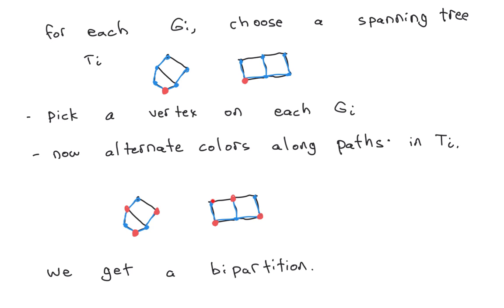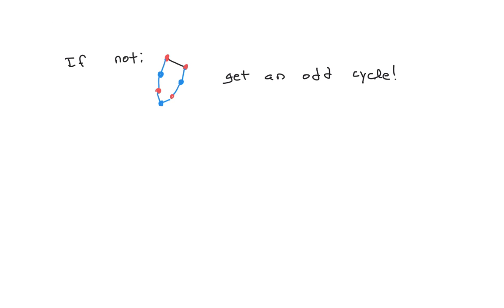So the question is, what about the black edges that aren't in the spanning tree? Why do we know for sure that they always end up between vertices of opposite colors? Well, the idea is that if that didn't happen, if you end up with two vertices of the same color connected by an edge, then you could trace back the paths in the tree back to that starting vertex.